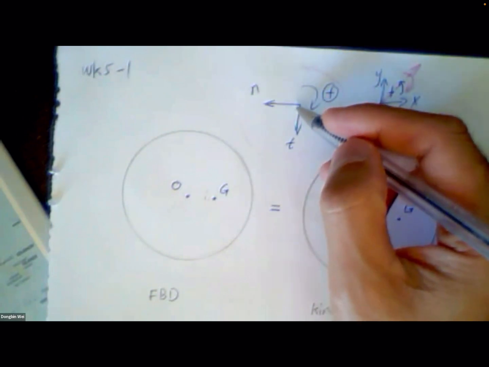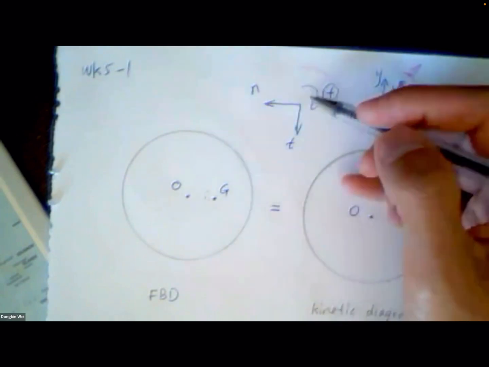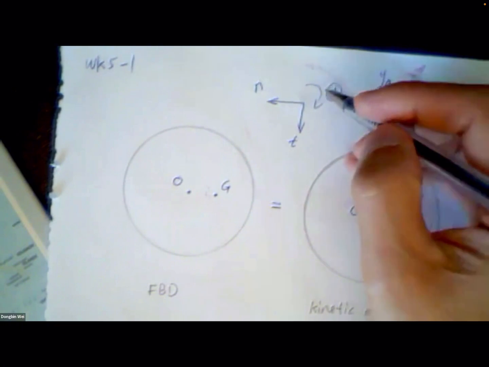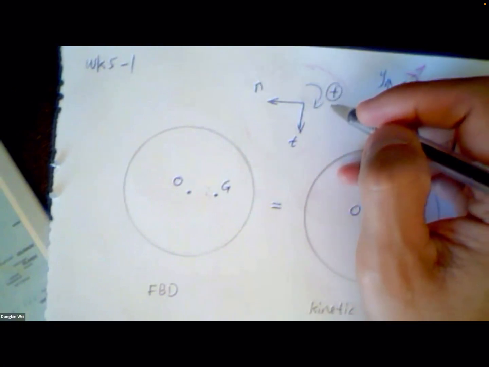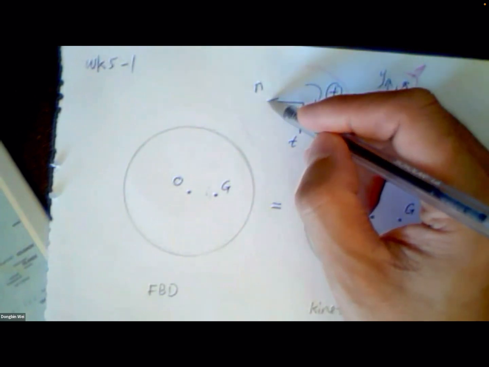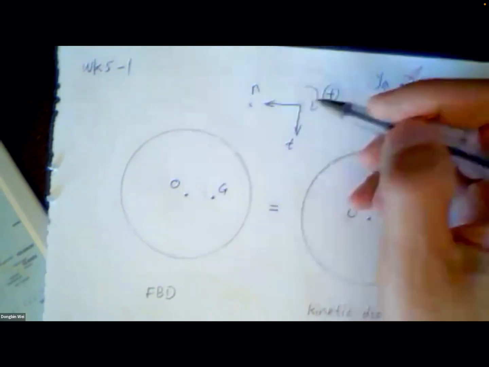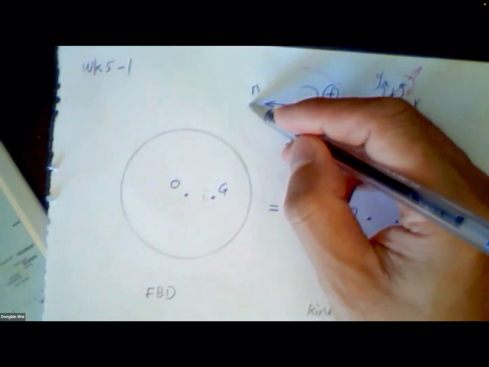In this one, when you determine the positive normal direction and positive tangential direction, the positive rotation direction is already defined. For example here, the normal direction is to the left side, and we imagine there is a rotation center along this line somewhere.